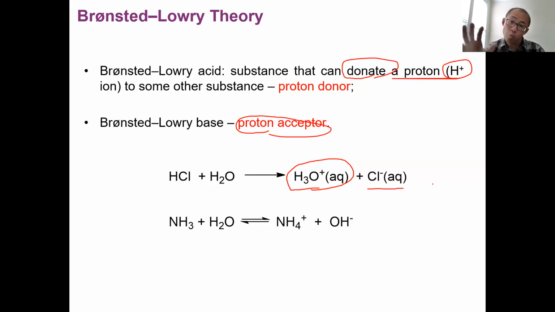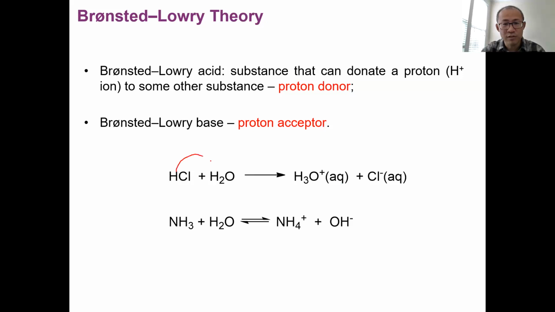And then water accepts that proton, and when water accepts the proton, water becomes H3O plus. So what happens is the proton is basically transferred from HCl to water. Proton is transferred from HCl to water.